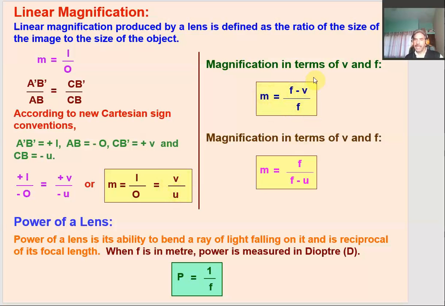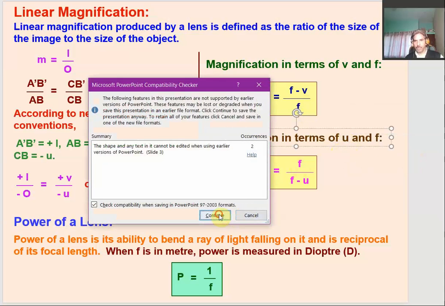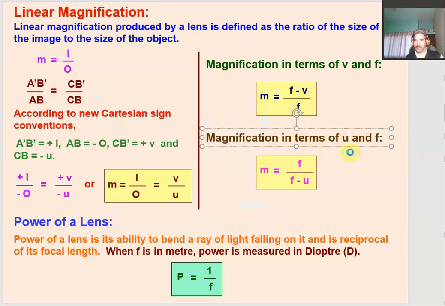And if we substitute for v, the image distance, in this formula, then we get the magnification in terms of u and f, that is, object distance and focal length. So we get two other formulas from this same situation. So for the magnification, we have 1, 2, 3, and 4.